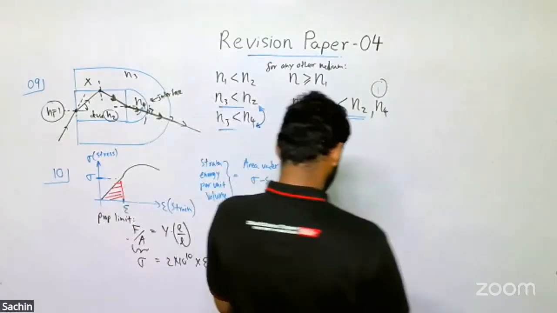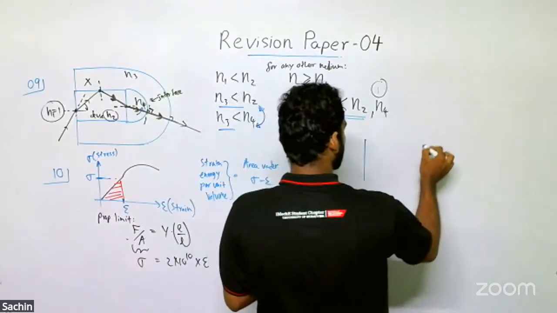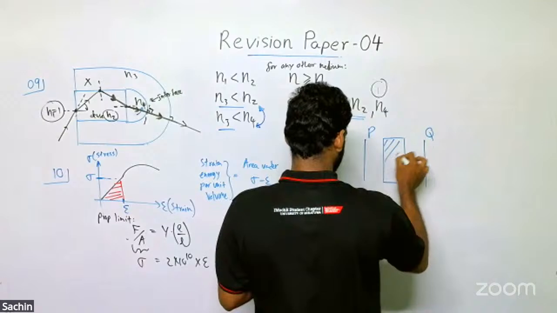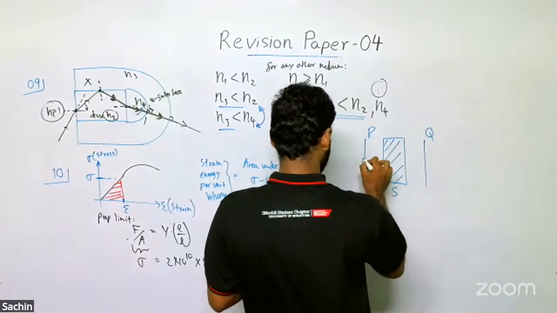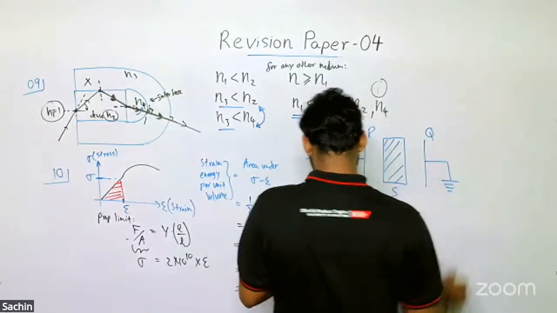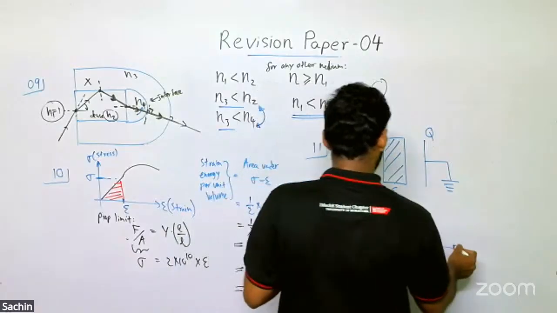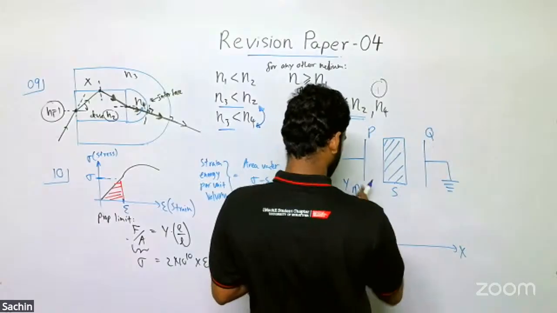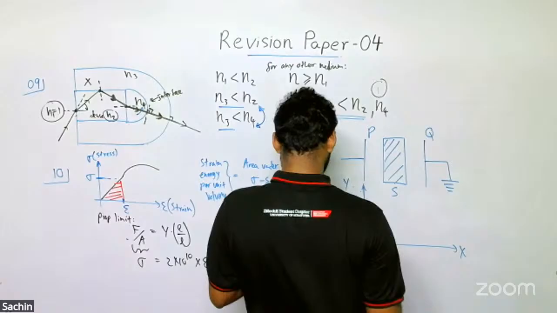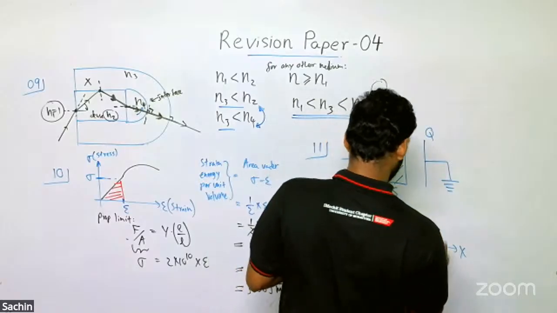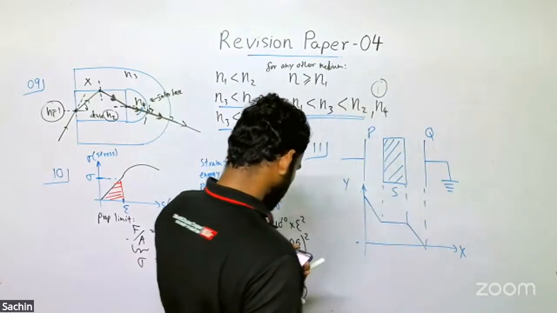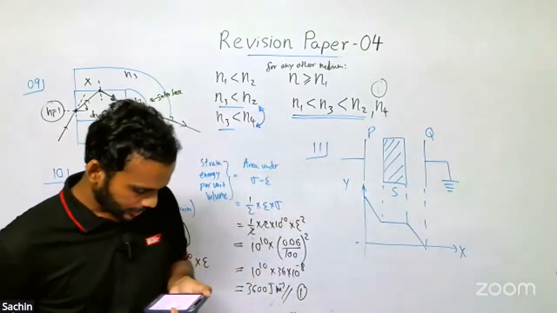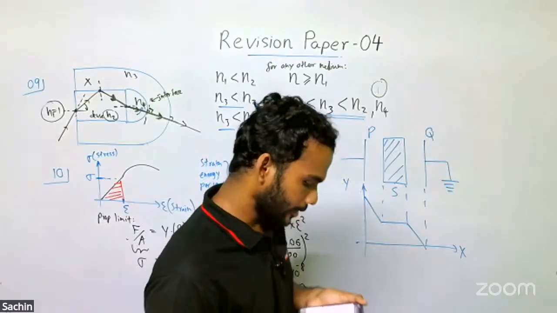Then the 11th. The plates P and Q of a capacitor are connected to a direct current, that is DC, power supply, and a slab of material S is introduced between the plates.